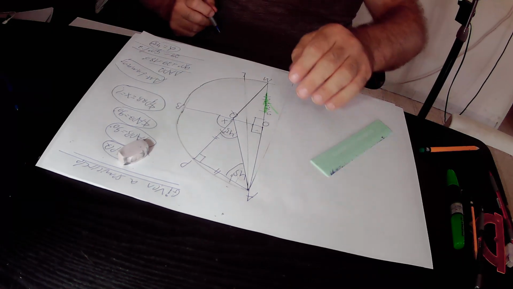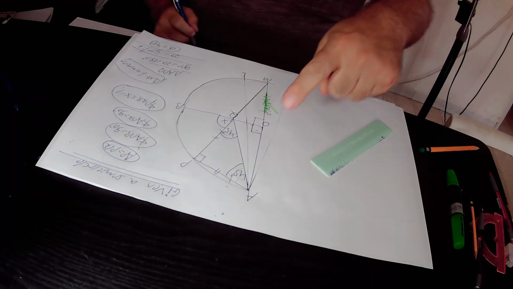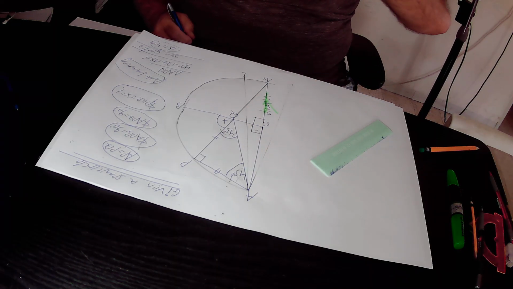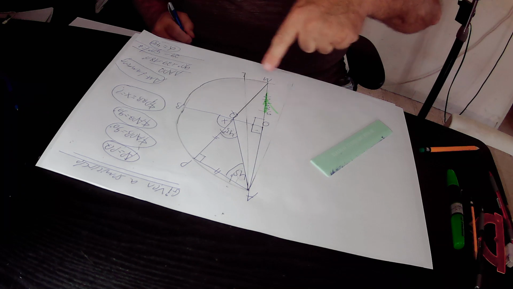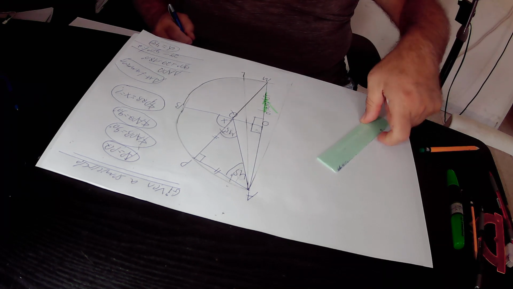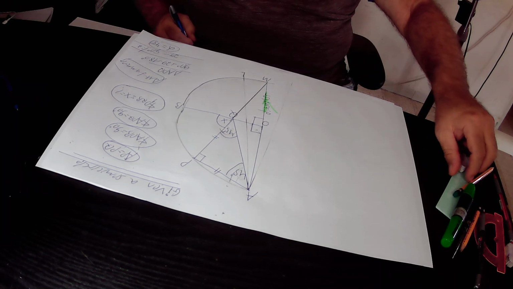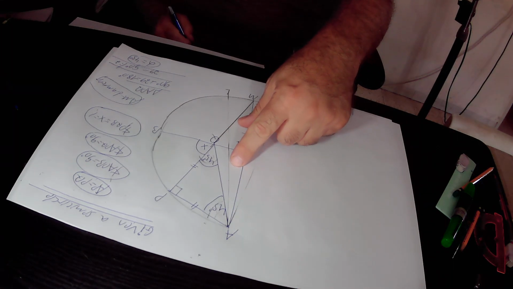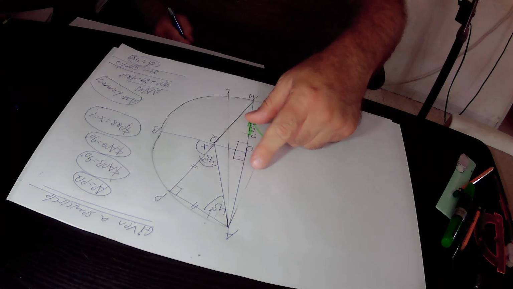In the next step, we will prove that the upper right triangle AOQ can go into the lower triangle OQM according to side angle side rule. Again, we will prove that those two right triangles can go into each other according to side angle side rule. So I write it down.